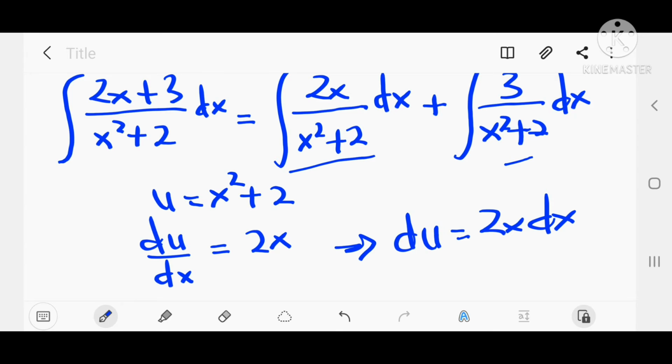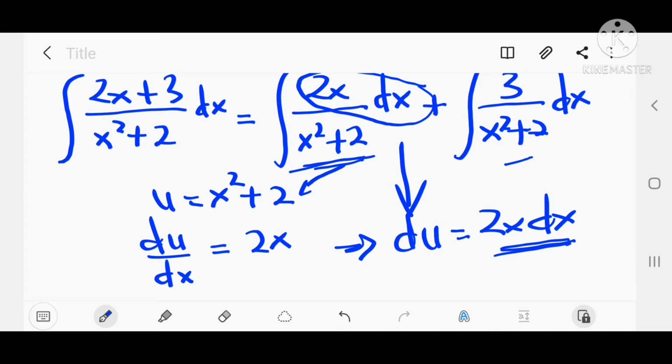When you check here, you see that this is equal to the expression here, so we can substitute that there and substitute this with u.